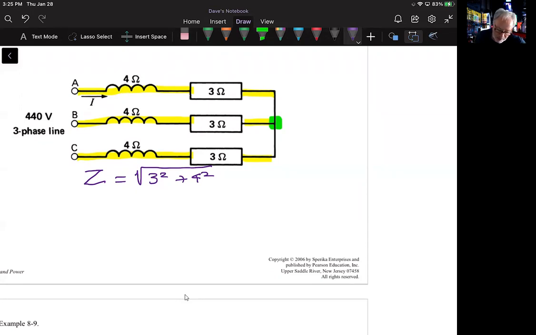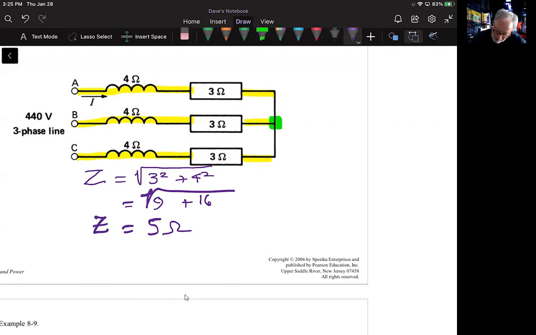So that's why we have to do it this way. Okay, so that ends up being 9 plus 16. Okay, square root of 25 is 5. So the total Z for each branch is 5 ohms.